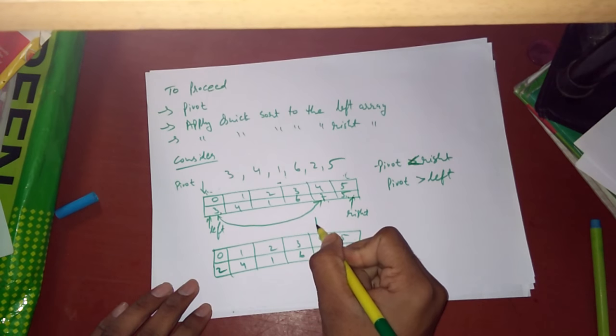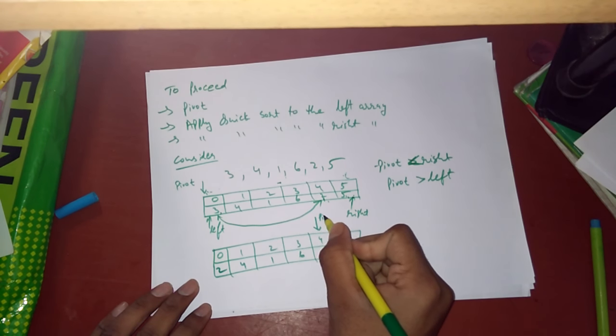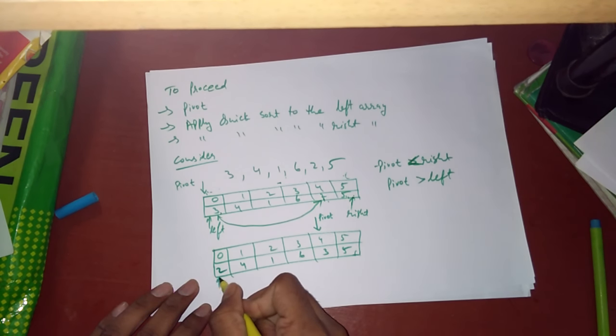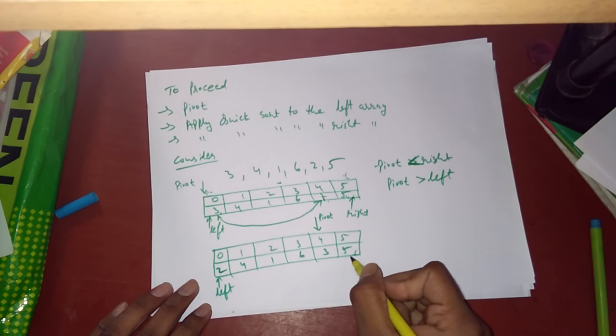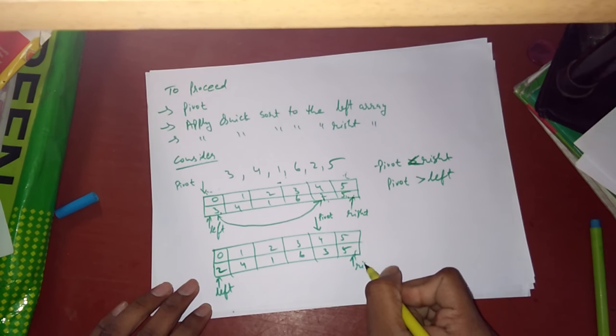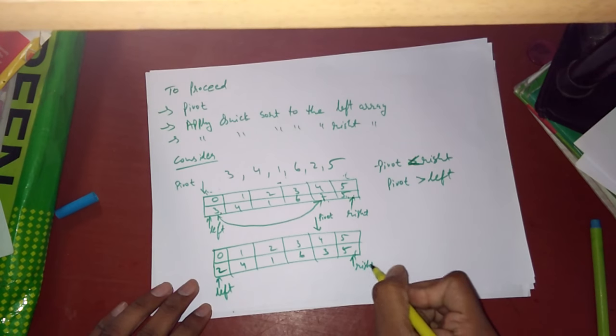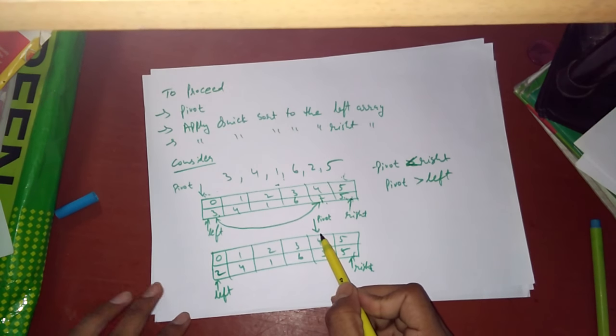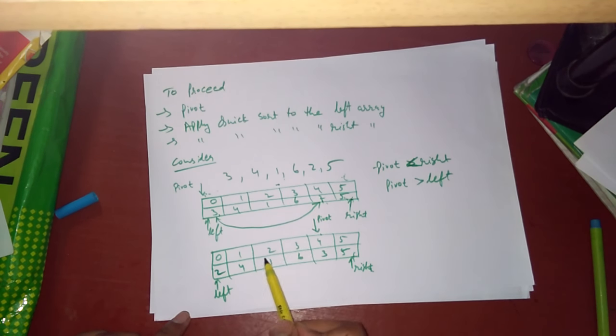Now our pivot has shifted here. Here is the pivot and our left as usual and right. Since the pivot is on this side, we will start comparing from the left. Okay, now we will compare 2.